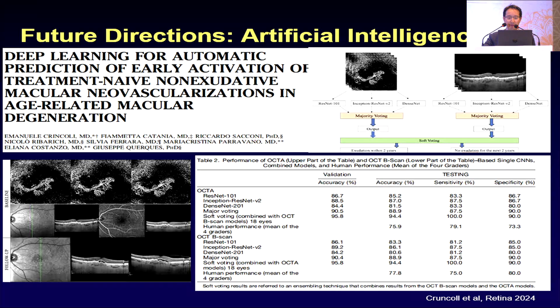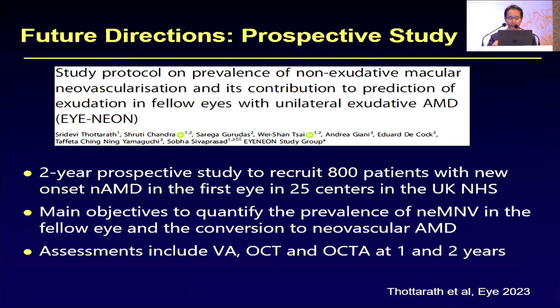By combining the OCT and OCTA findings, they actually perform better than human performance. Currently a prospective study is being conducted in the UK NHS. They will look at 800 patients with new onset neovascular AMD in the first eye, and then look at the prevalence of these non-exudative MNV in the fellow eye and the rate of conversion.